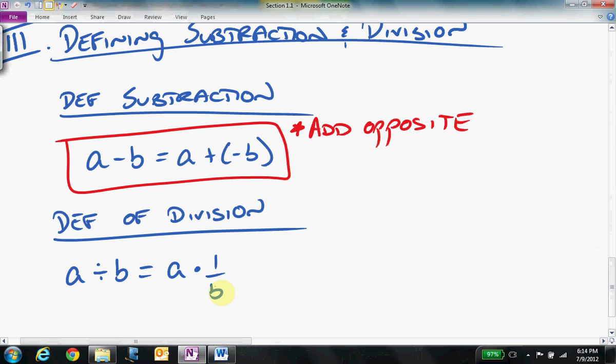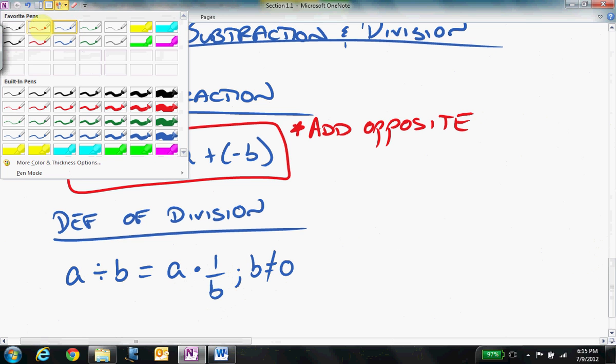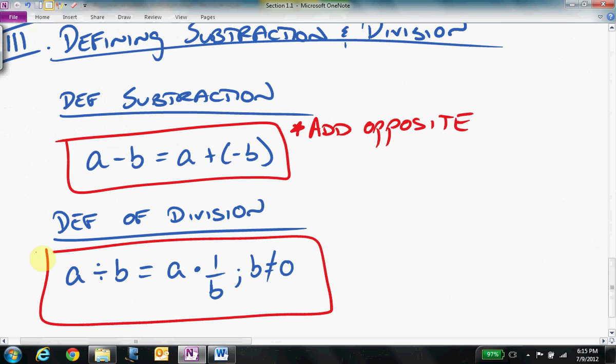So that's 1 over b. But remember, whenever we have some variable in the denominator, that variable has to have the restriction that it will not equal 0. So here is our definition of division. And you do that by multiplying by the reciprocal.